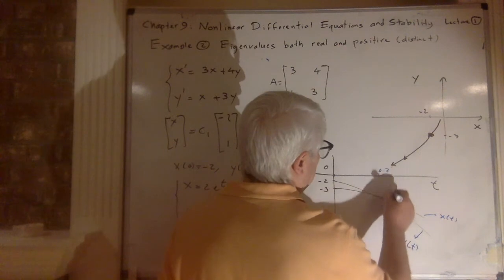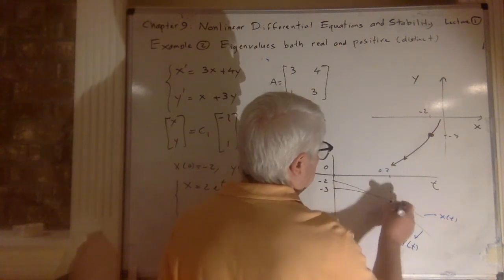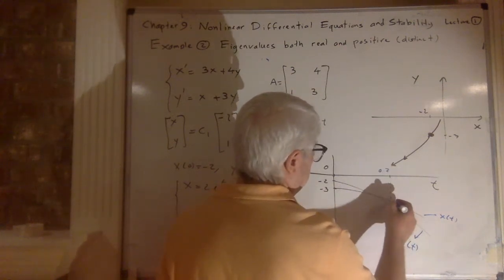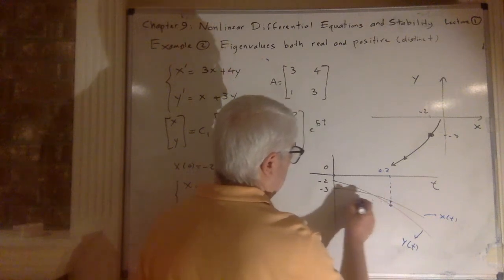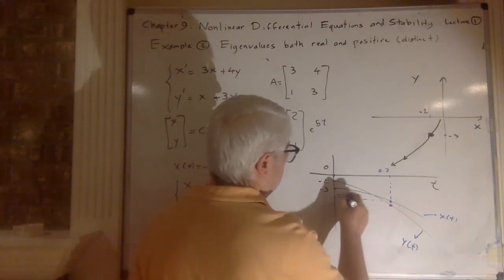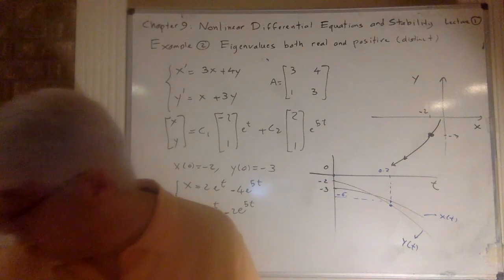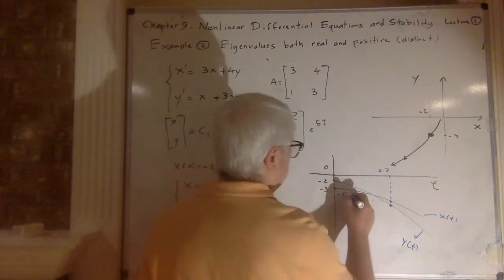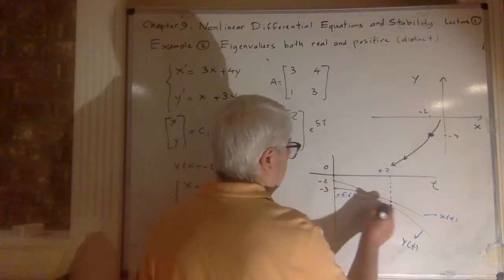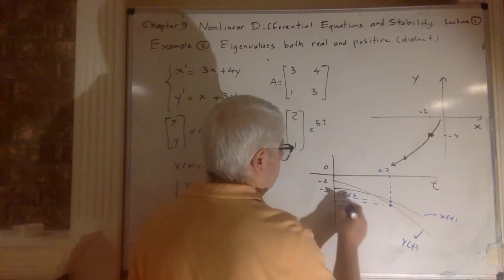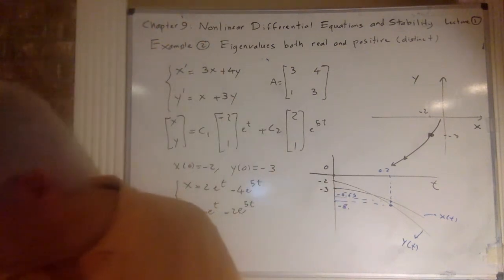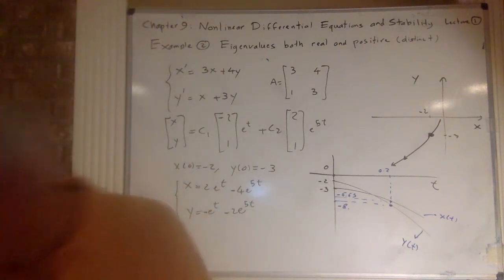So for point 2 I found this and this. So this is minus 6.65, and this is minus 8.4.